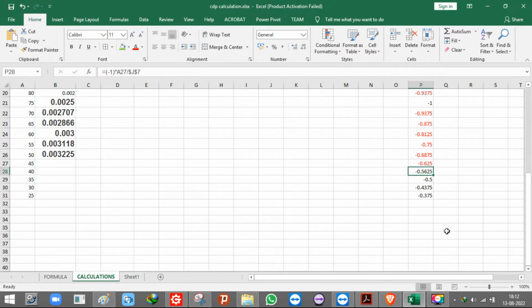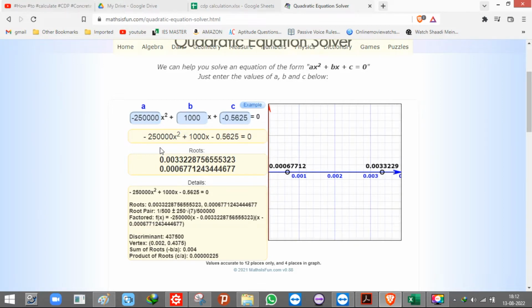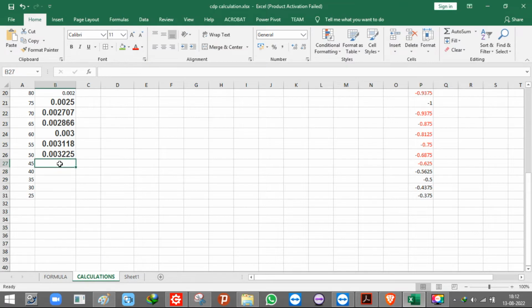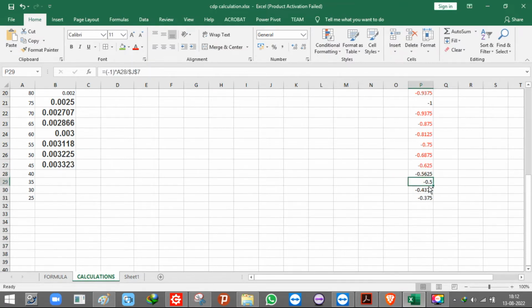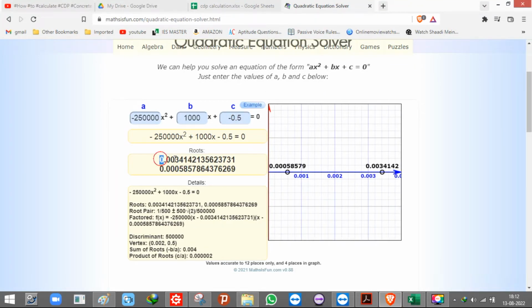Yeah. Now for 5625, this is the data, and for 0.5, this is the data.